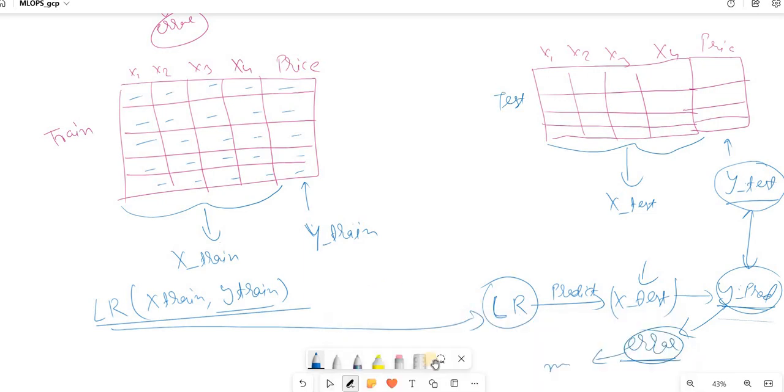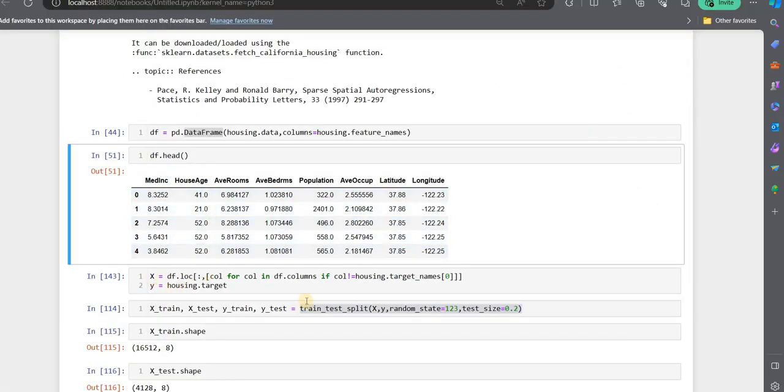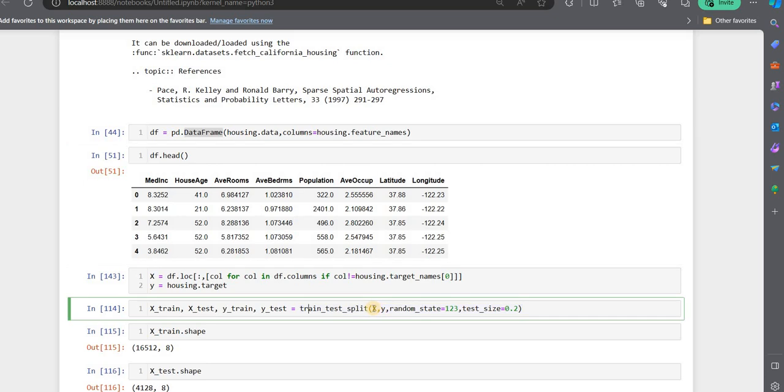Okay, now let's see. In the train test split function, you have to give your x and y, and then the random state and test size. What I said is whether it takes 20% or 30%. If you pass 20% here, it will automatically take that.